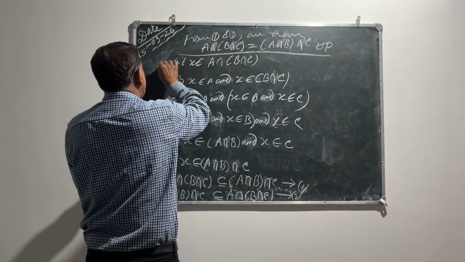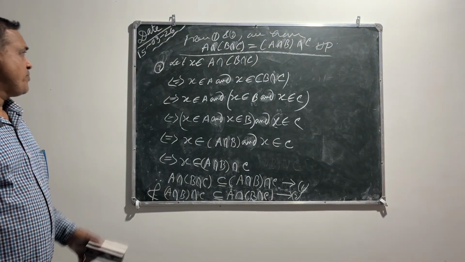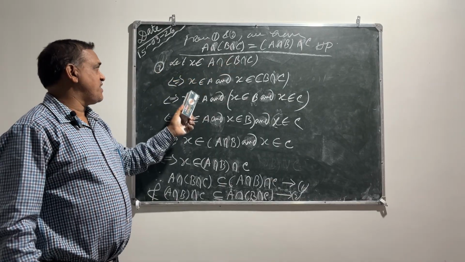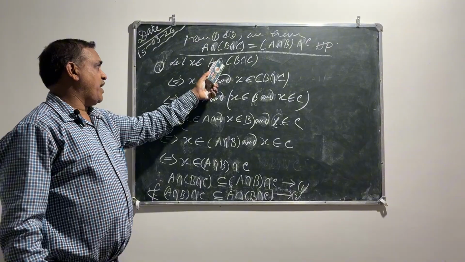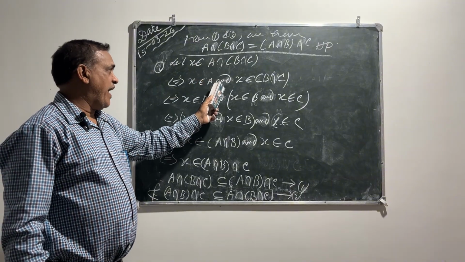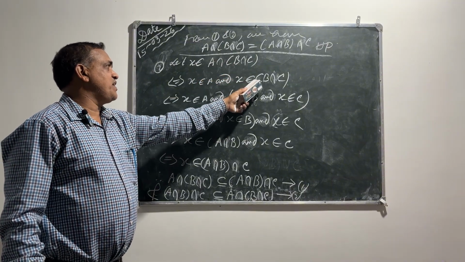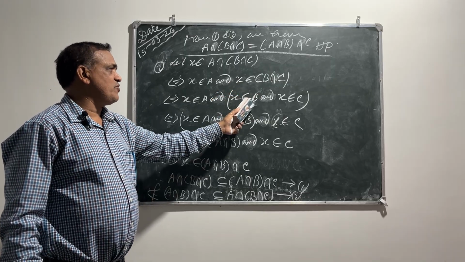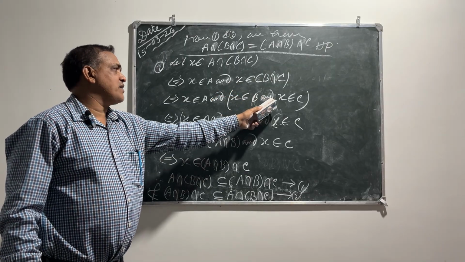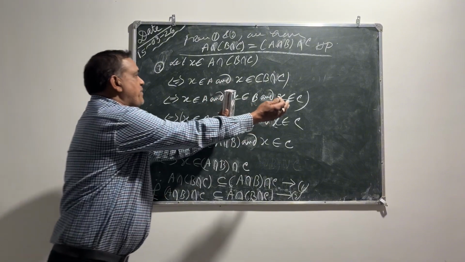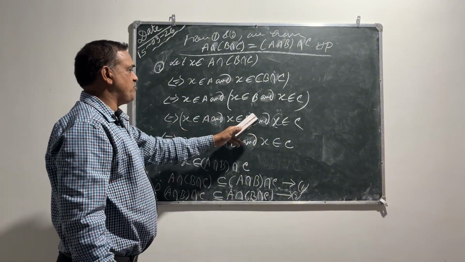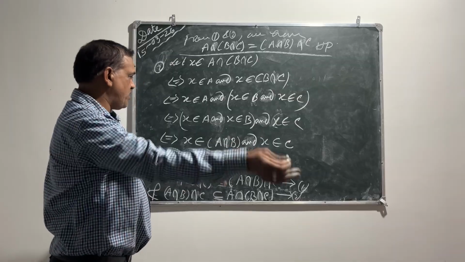This is number 3. Second one: if X belongs to A intersection B intersection C, then X belongs to A intersection, for and, X belongs to B intersection C. For intersection again, X belongs to B and X belongs to C. This first bracket can be given in between the first two: X belongs to A and X belongs to B, and X belongs to C outside the bracket.